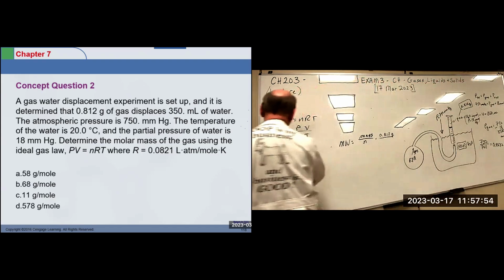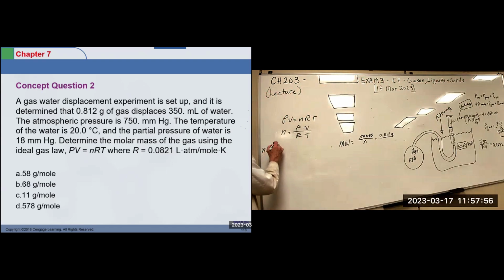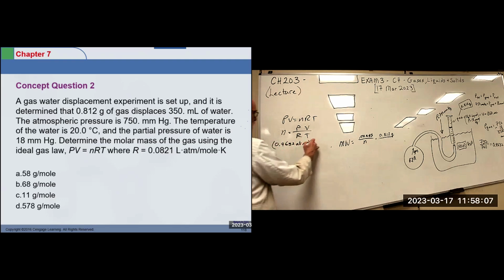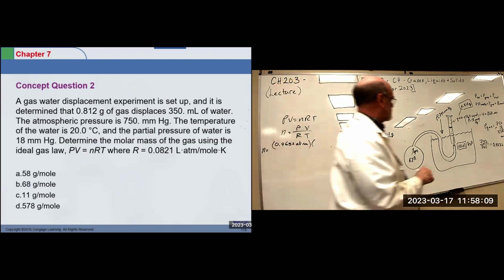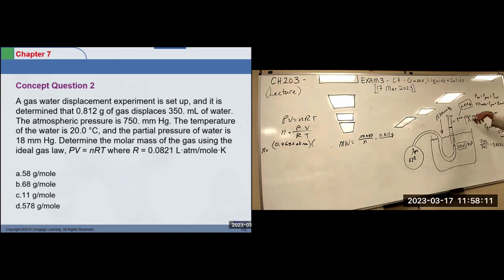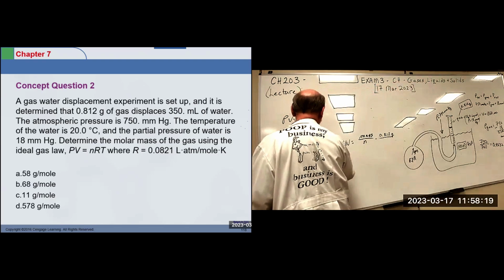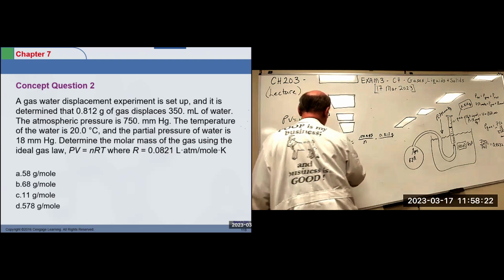So now we can start filling in our values. Pressure of the gas is 0.9632 atmospheres. Okay, what's the volume? Well, the volume is the same for both gases, 350 milliliters, which is how many liters? 0.350 liters.